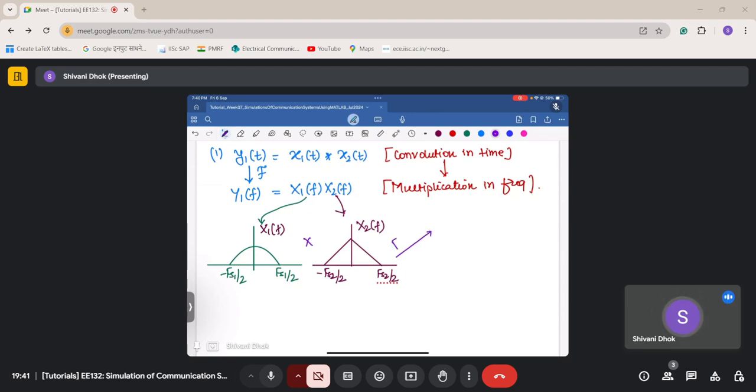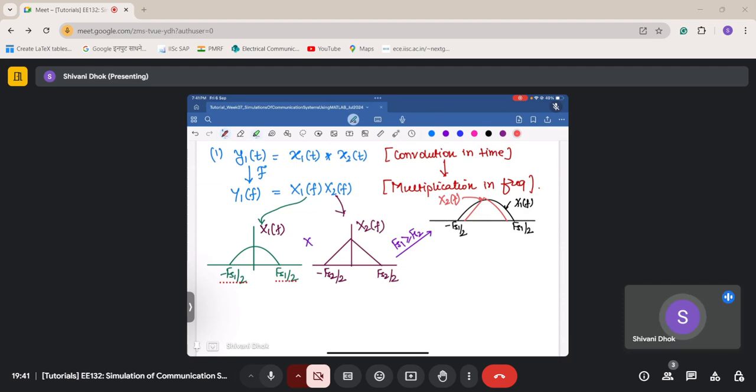First one, when fs1 is greater than or equal to fs2. So we have this axis here, we'll have this fs1 by 2 and minus fs1 by 2, and on top of it we'll multiply something like this. This thing here is your X1(f), and this red part here is your X2(f).